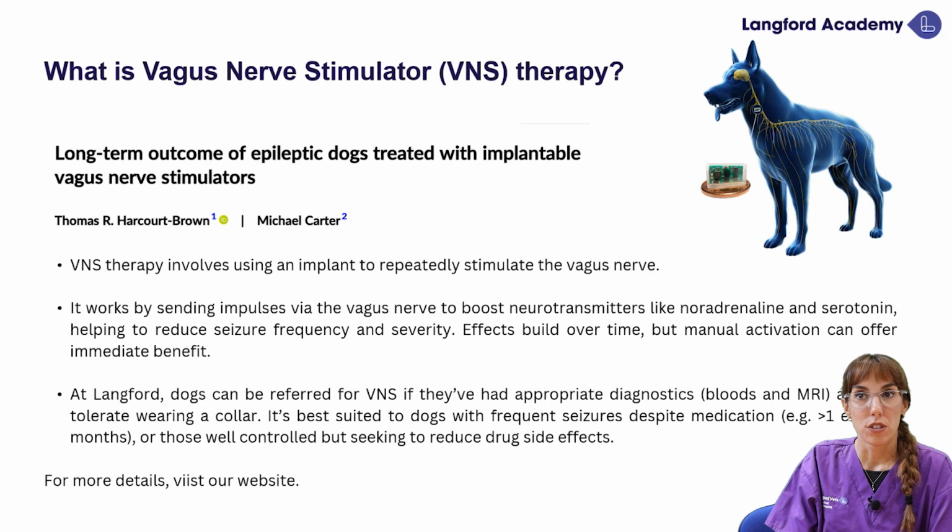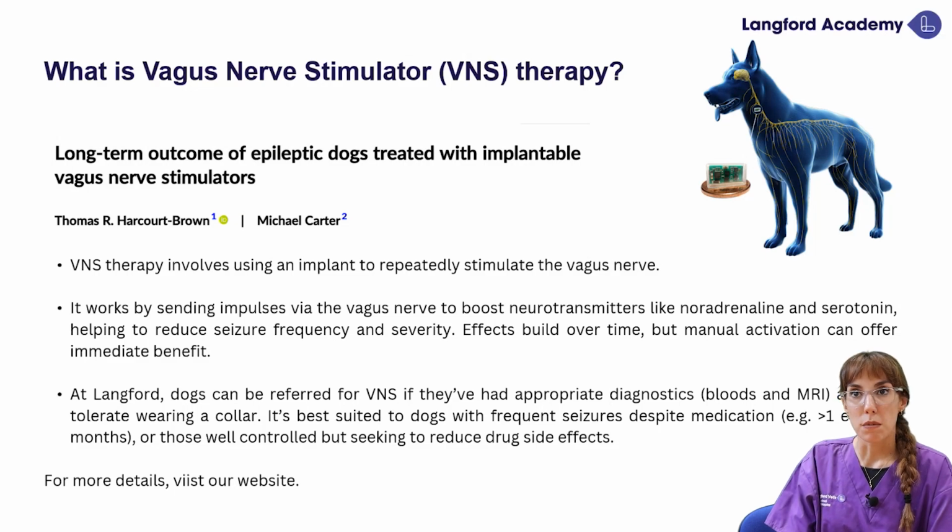So owners may ask you, is there anything else we can do? Unfortunately, we're a bit far away from therapeutic surgical intervention, but VNS therapy has actually shown good benefit in the study I've posted here.